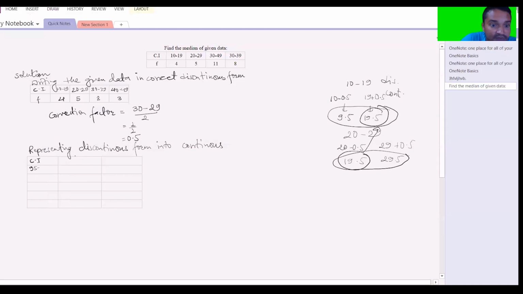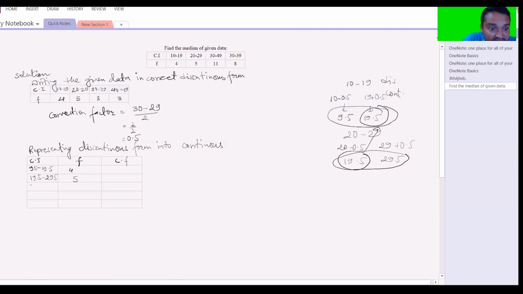Frequency is over here, and cumulative frequency. 9.5 to 19, 19 plus 0.5 is 19.5. Its frequency is 4. The second one is 20 minus 0.5, it is 19.5, to 29 plus 0.5, it is 29.5. Frequency is 5.